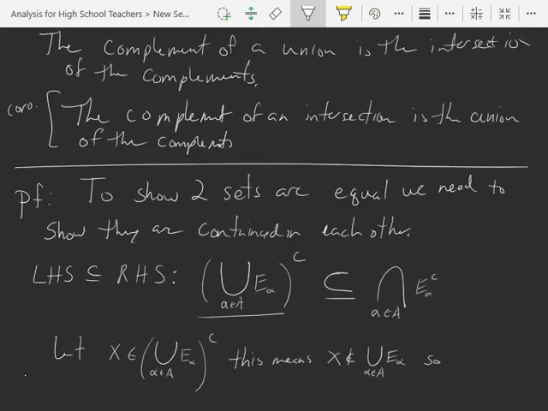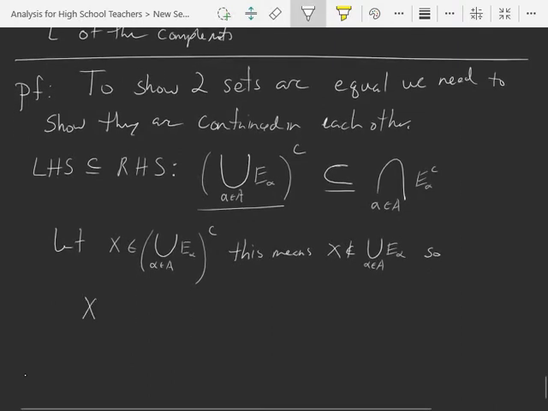So x is not in E sub alpha for every alpha. Because to be in the union, you just have to be in one of them. If you're not in any of them, you're not in the union, right? If you're not in the union, you're not in any of them. So this statement goes to here.